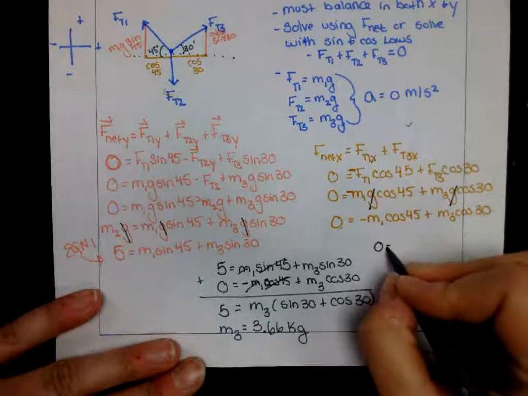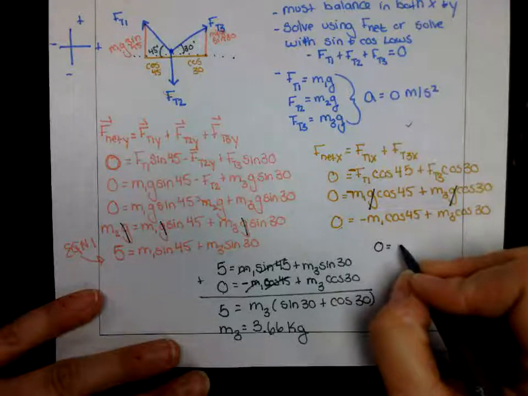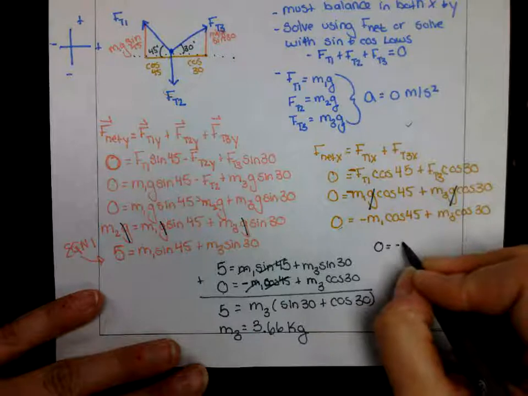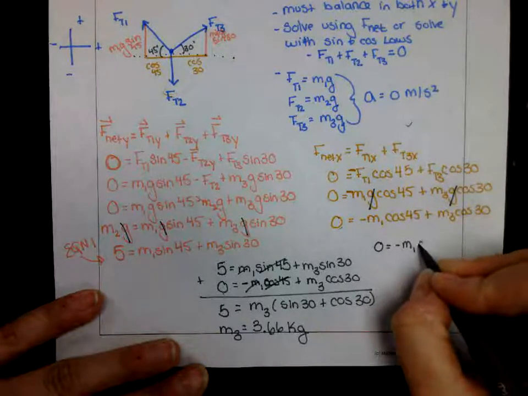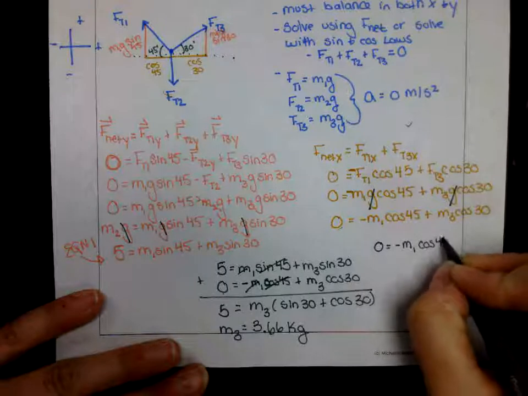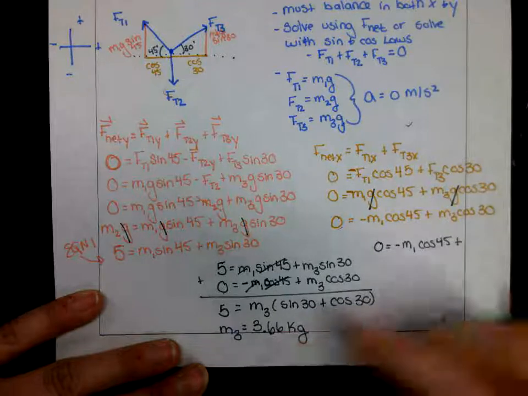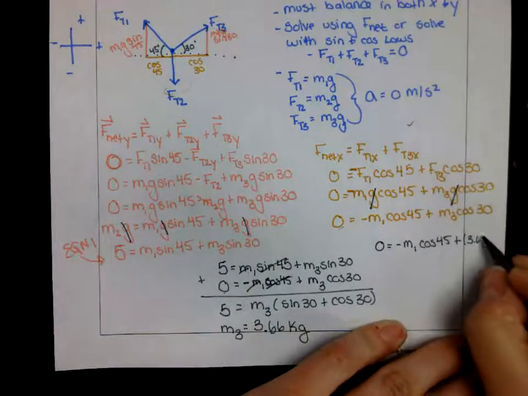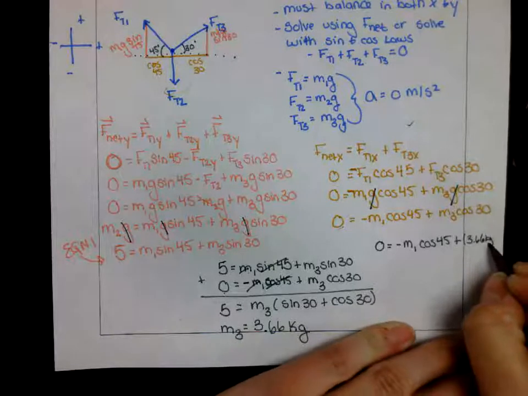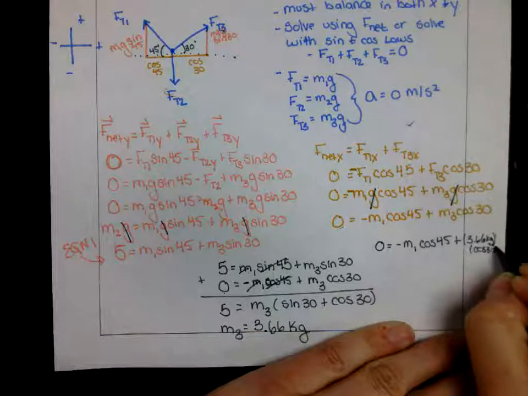So I have 0 equals negative M1 cosine 45 plus mass 3 was 3.66 kilograms times cosine 30.